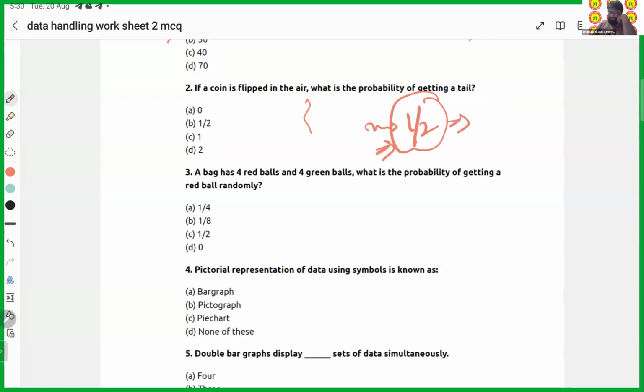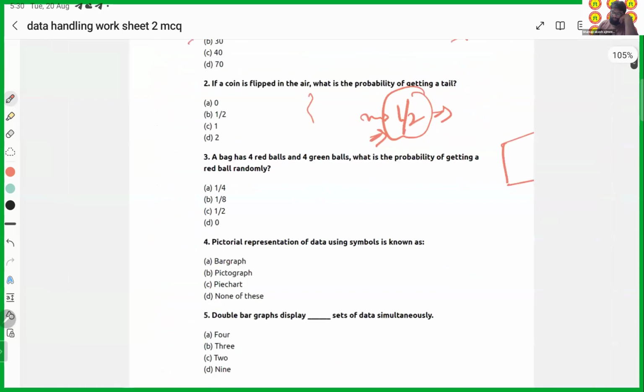Again, a bag has 4 red balls. I'm denoting them with R. The same bag has 4 green balls. So what is the probability of getting a red ball randomly? How many balls do we have?